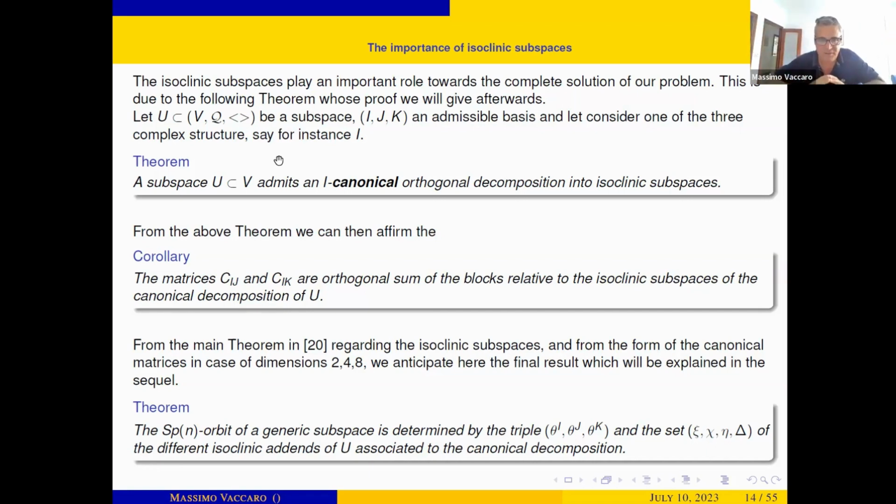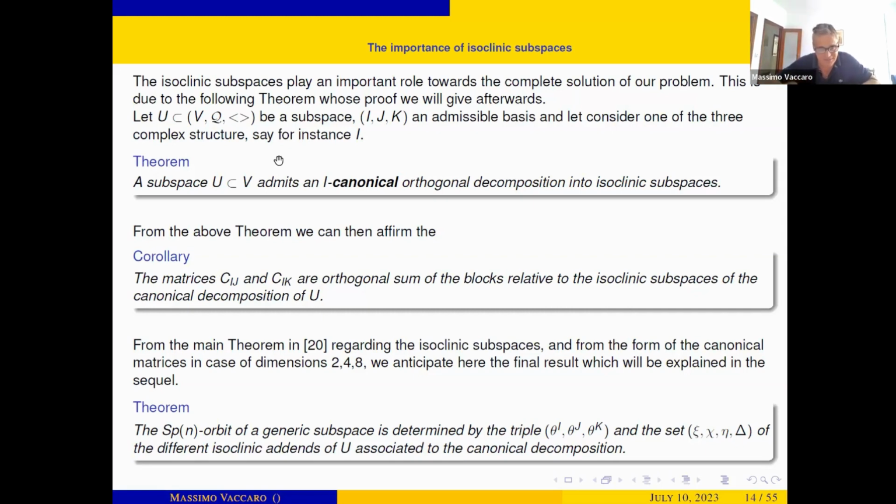From the main theorem regarding the isoclinic subspaces and from the form of the canonical matrices in the case of dimension 2, 4, and 8, we anticipate here the final result. Of course, you will not understand the symbols, but just to give you an idea, the final result, which will be explained in the next slides.